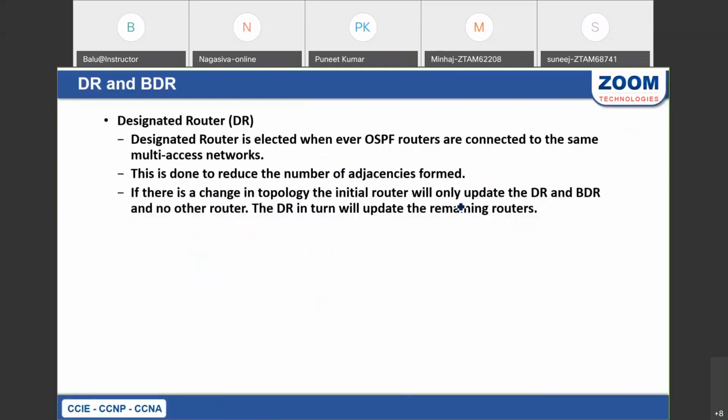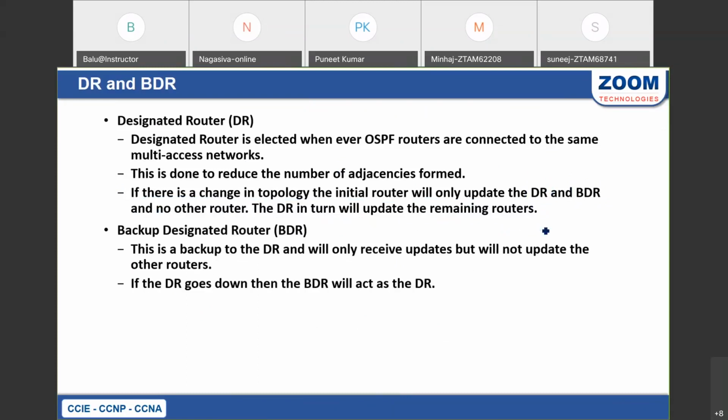The initial router will only update the DR and BDR and no other router. Then the DR in turn will update the remaining routers. So for what purpose is the BDR? As a backup, it will only receive the update but will not update the other routers.